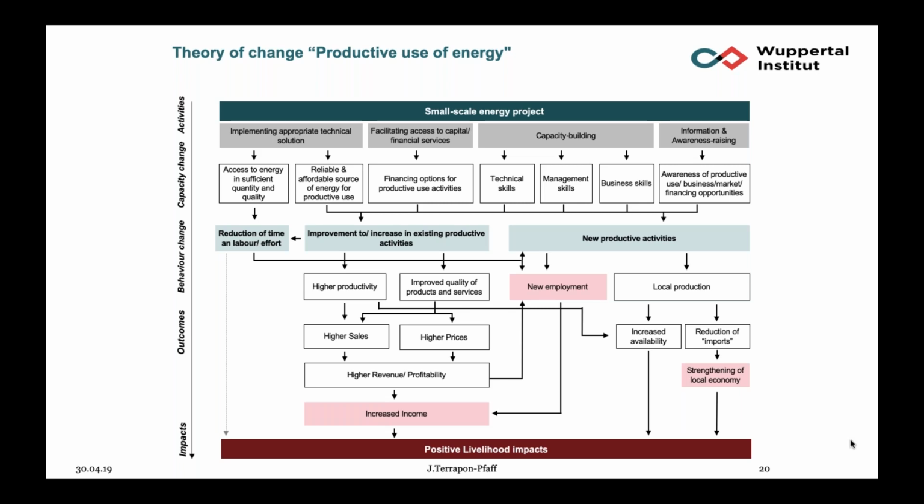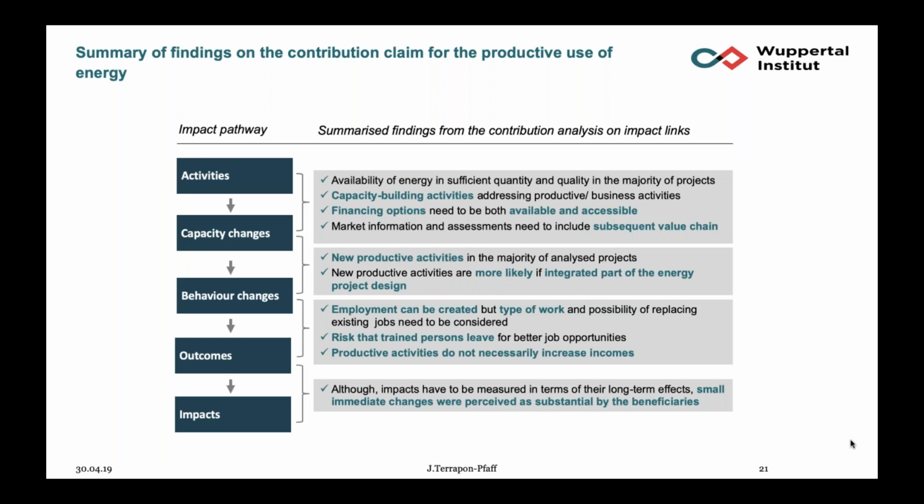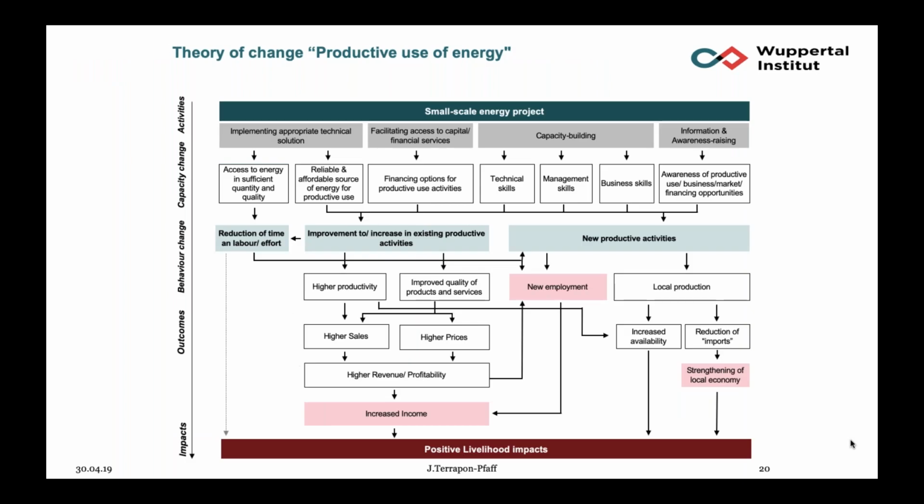And then hopefully we have the development of either improved productive activities. Could you please go back one slide? Or the development of new productive activities, which then potentially lead to new employment or increased income, or also increased availability of goods at the local level, and which then hopefully lead to positive impacts.